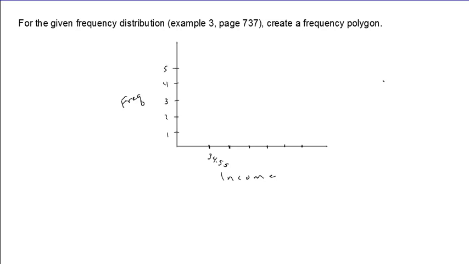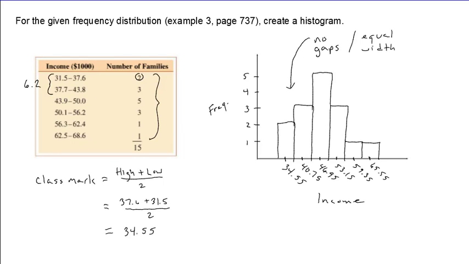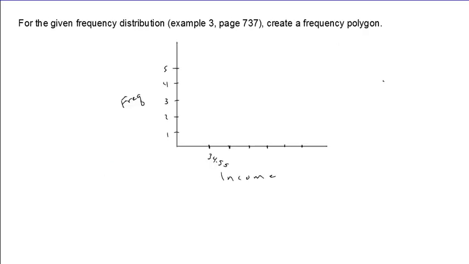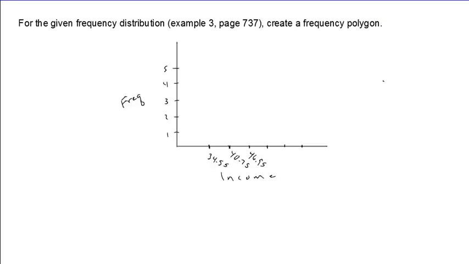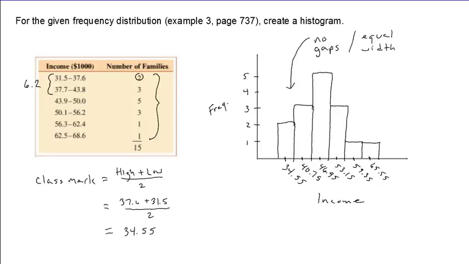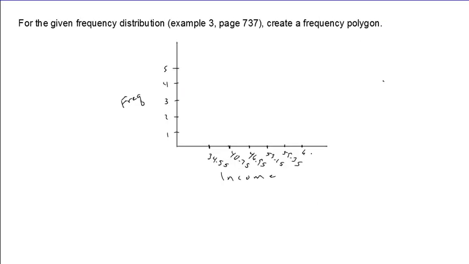And so when I go backwards, we've got 40.75, 46.95, 53.15, 59.35, and last but not least, I've got 65.55.